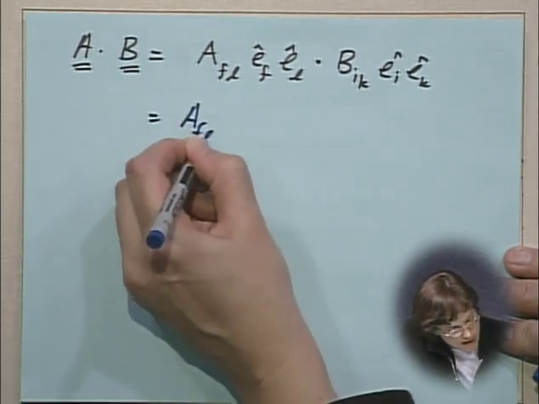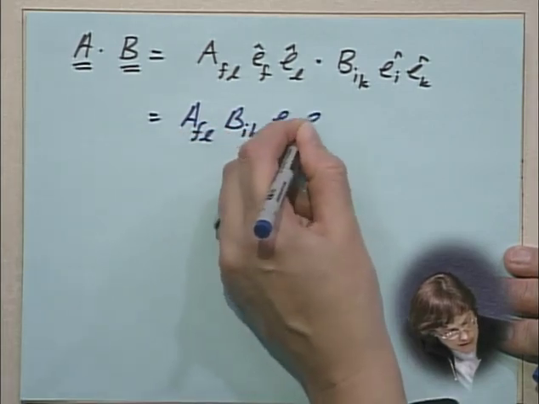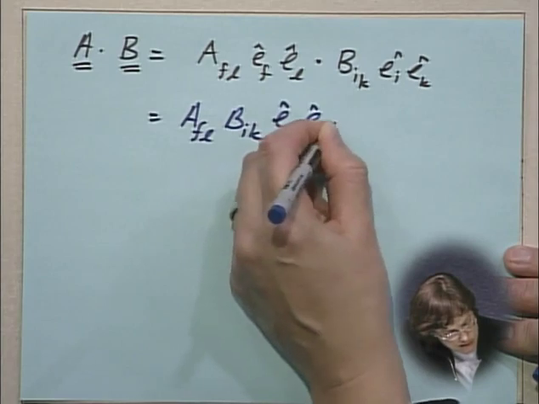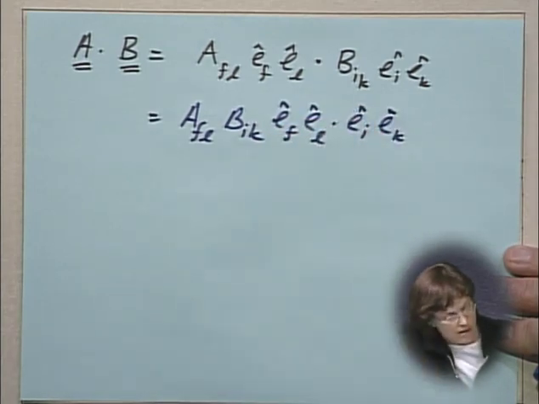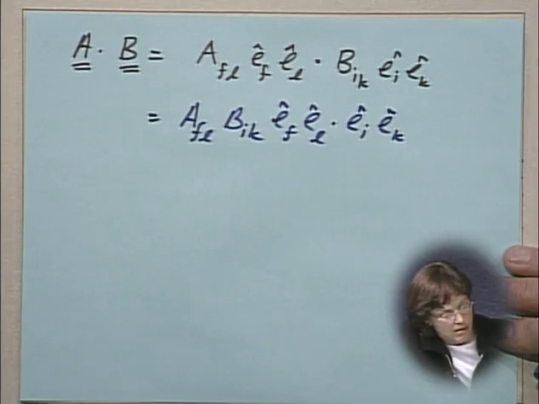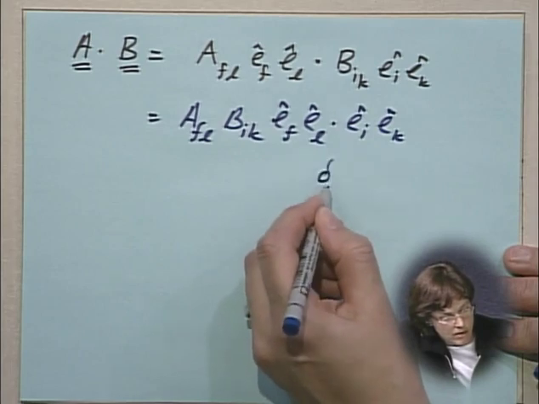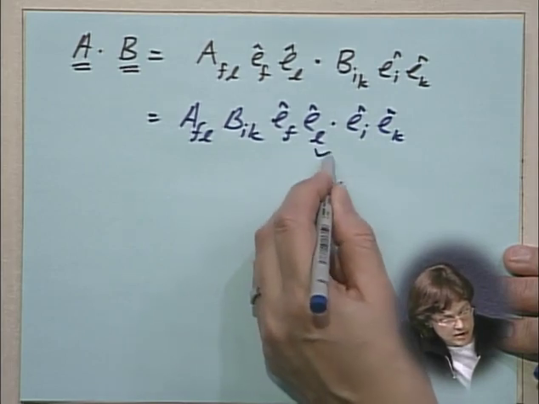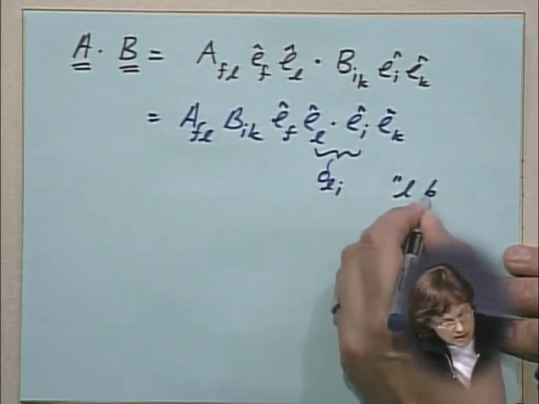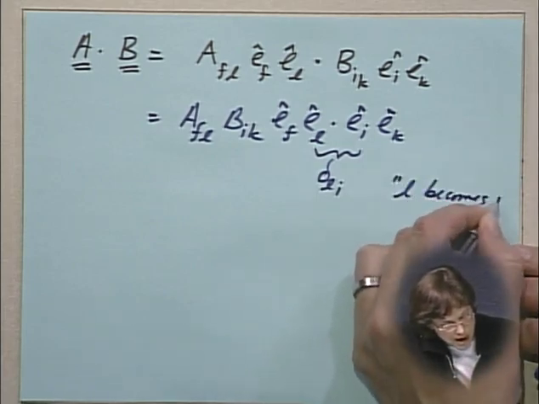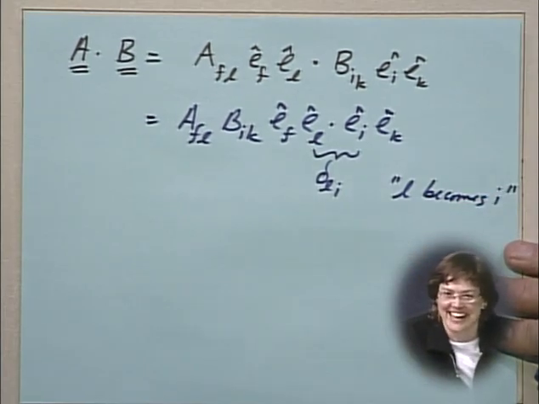A, F, L, B, I, K, E, F, E, L, dot, E, I, E, K. And then you can do the delta LI. Right, delta LI. The two that are next to each other are the ones that operate. And so L becomes I, which is merciful because having both an L and an I is a little confusing.